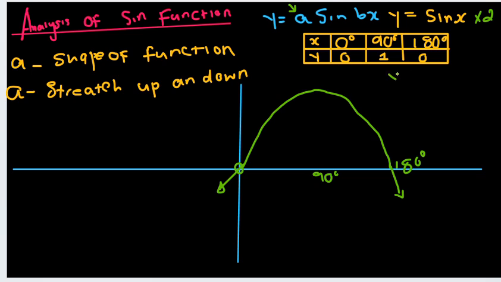Meaning now my graph will be equal to 2 sine x. Because this multiplied the entire graph, it just changes these values here. It multiplies the values of y.